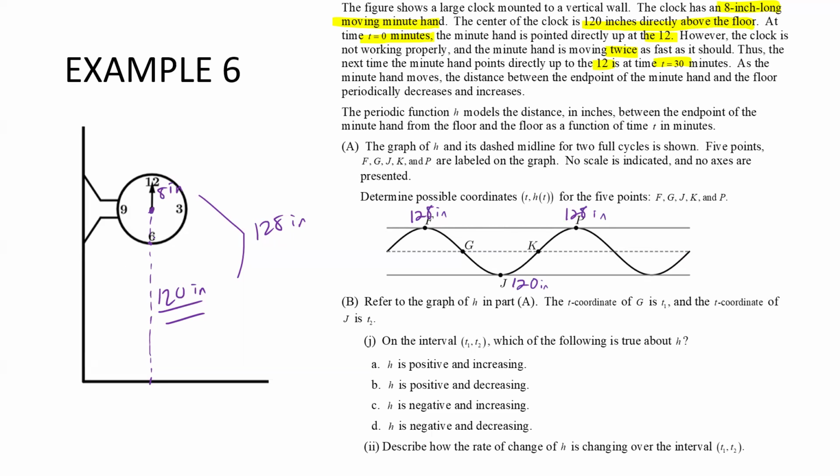Oh, I see what Emiliano was saying. It's 112. It's at the bottom. And this whole thing is 120, which means that this is 8. So the very bottom has to be 112, which is what Emiliano was saying.